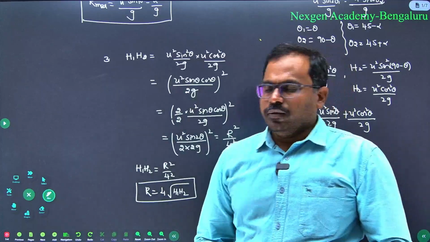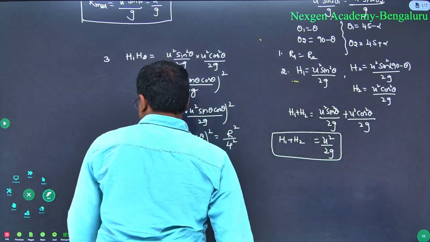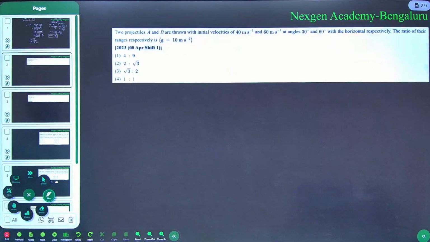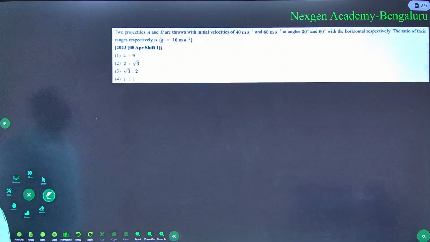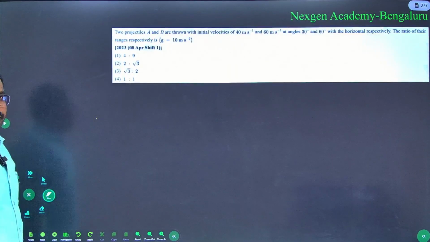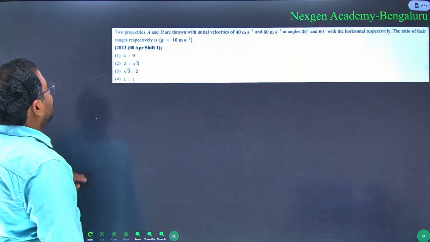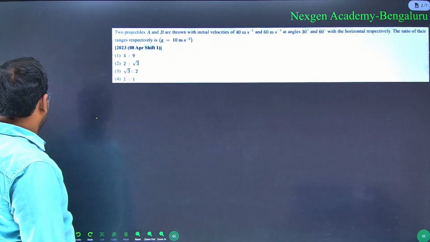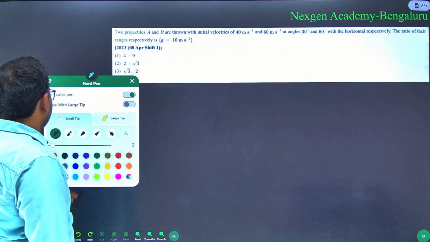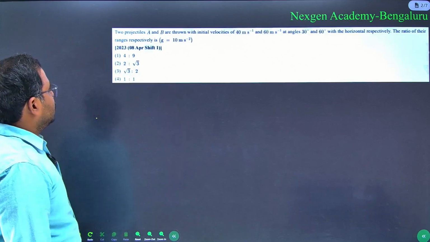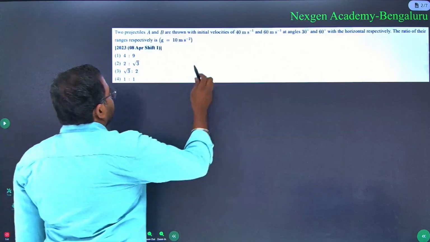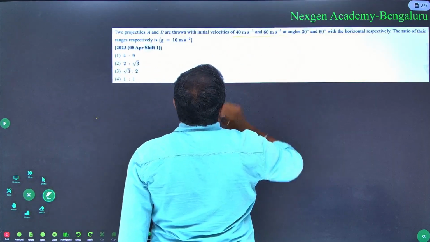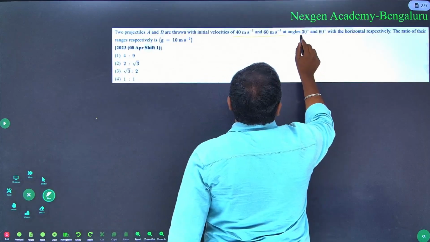Right? Okay. Now look at this question. Two projectiles A and B are thrown with initial velocities 40 meter per second and 60 meter per second at angles 30 and 60 degrees with the horizontal respectively.